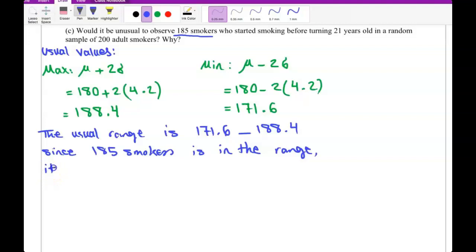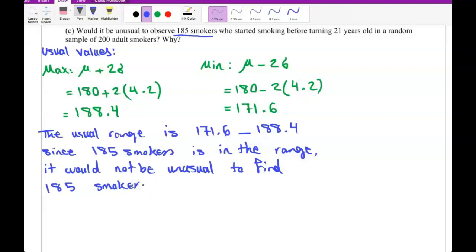So range, it would not be unusual. Okay, so the answer for this part is not unusual.